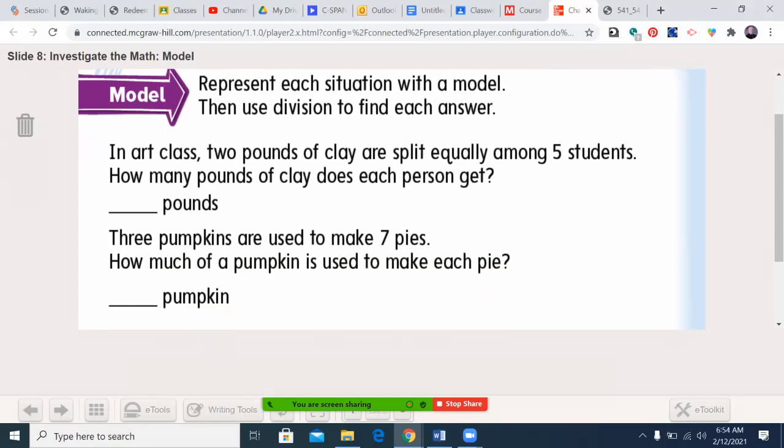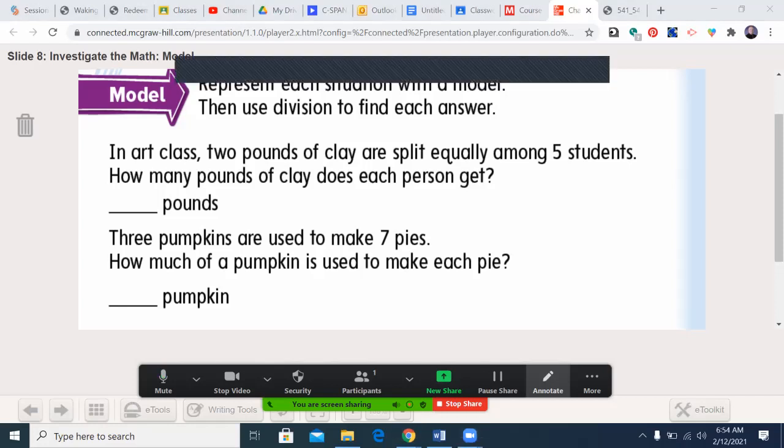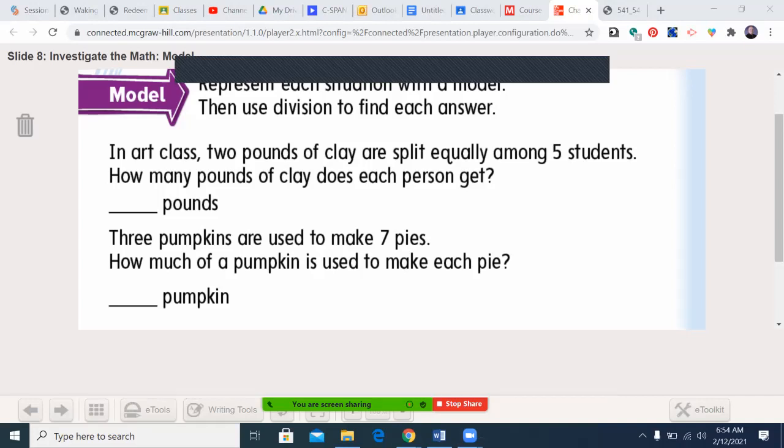Represent each situation with a model, then use division to find the answer. In art class, 2 pounds of clay are split equally among 5 students. How many pounds of clay does each person get? So we have 2 pounds, and it's going to be going into 5 people. This is going to be kind of a tough piece.